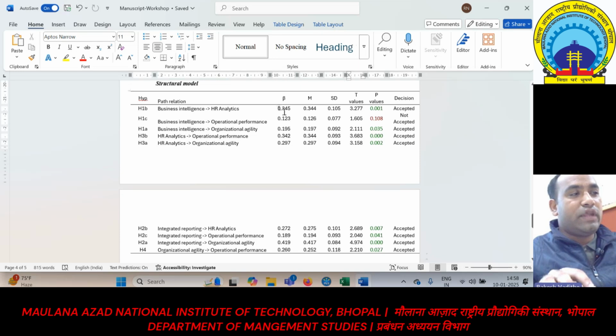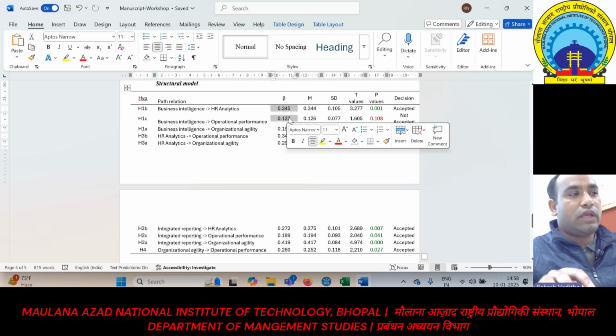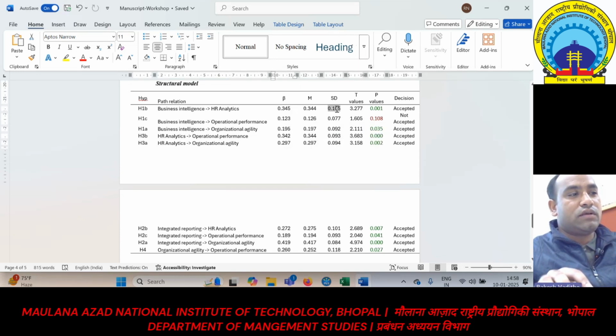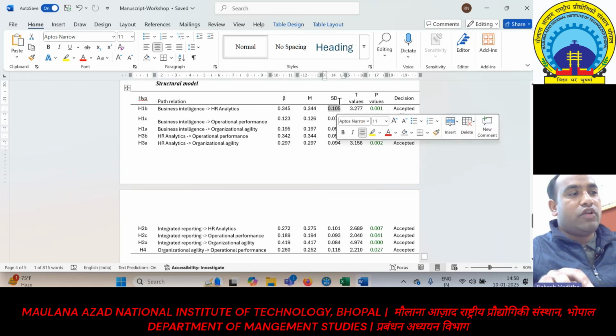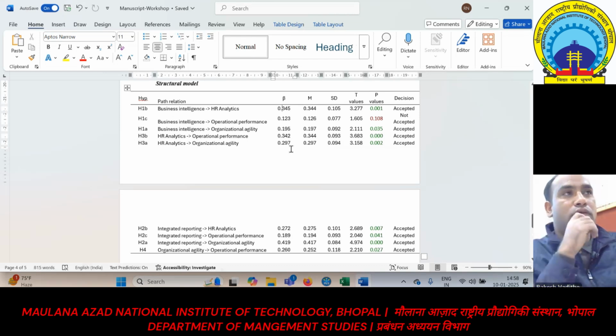Here you will get the beta value and the standard deviation. Beta value divided by standard deviation. You can do this manually now to check whether you get this value or not. That 0.345 divided by, the T value, that is 3.277.